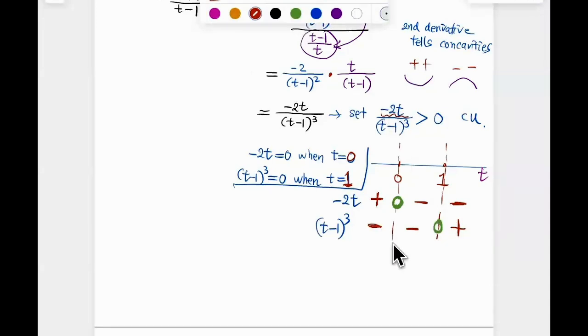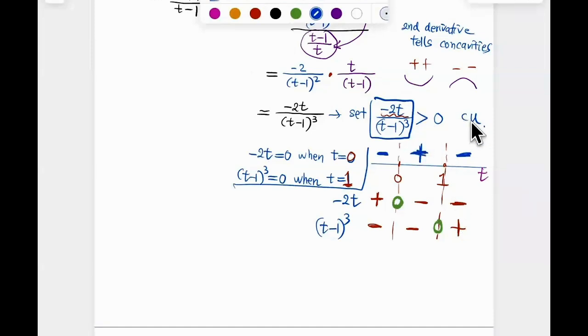Now, this is the quotient of this one and this one. What happens if we have positive over negative? It's going to be negative, right? So we know that this quotient is going to be negative over here. What about negative over negative? Positive here. Negative over positive, negative here. But we're looking for positive, because we want this to be concave up.